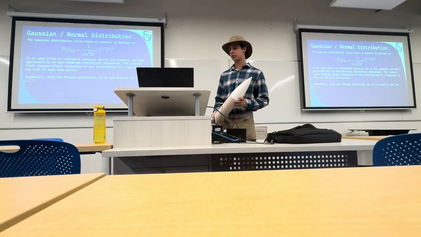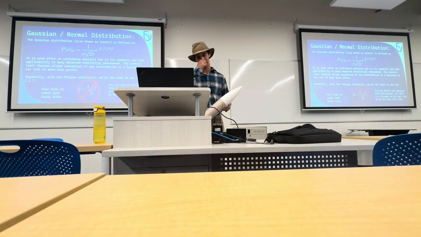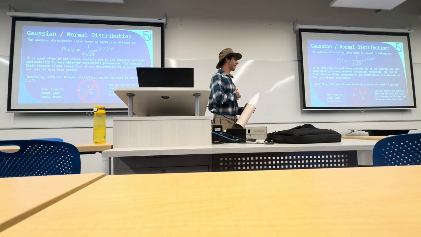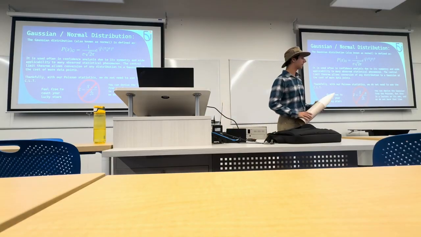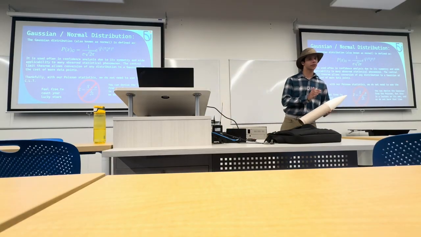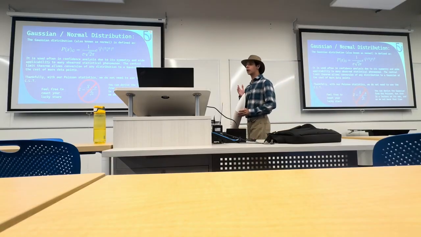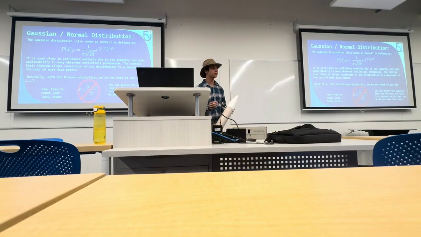And in fact, with the central limit theorem, which I'm going to put here with a big red arrow, you can, with enough measurements, at the cost of taking more measurements, convert any shaped distribution into a Gaussian, which is very, very powerful.